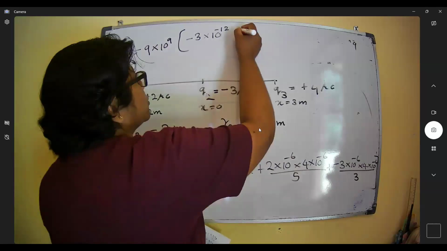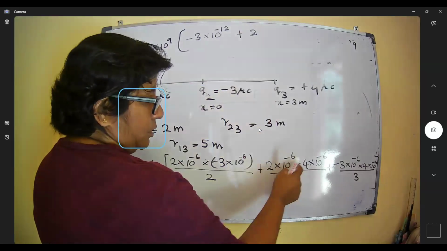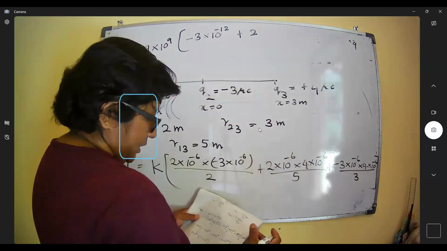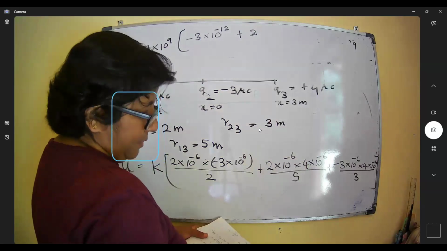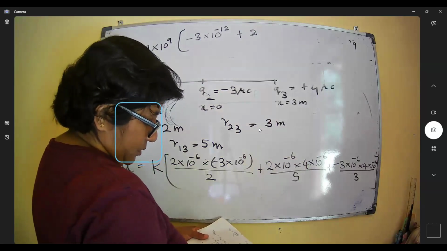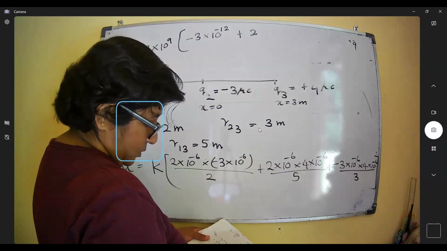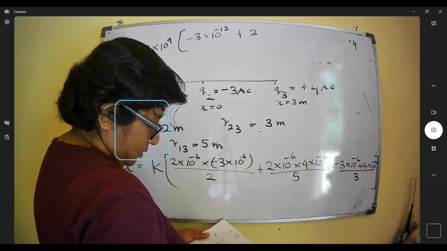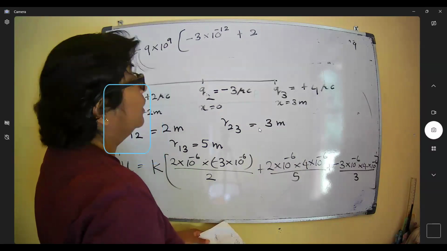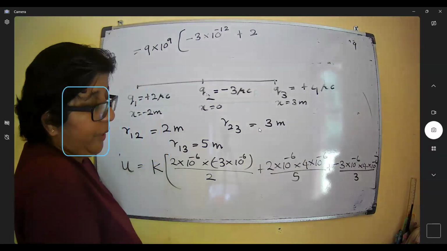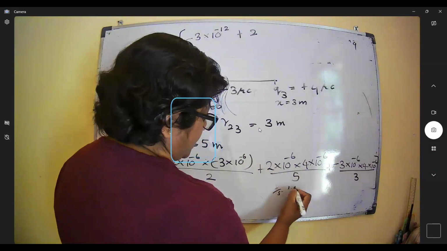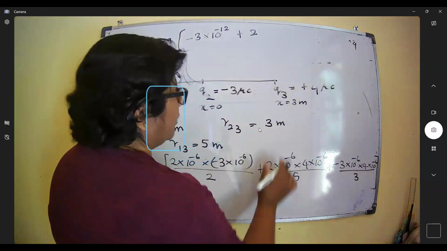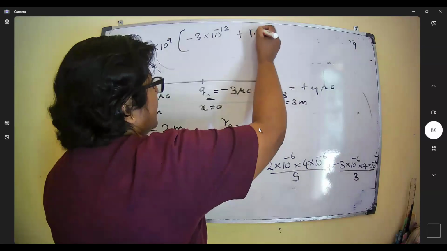And the other one plus 8 divided by 5, that is 1.6, 10 to the minus 12.